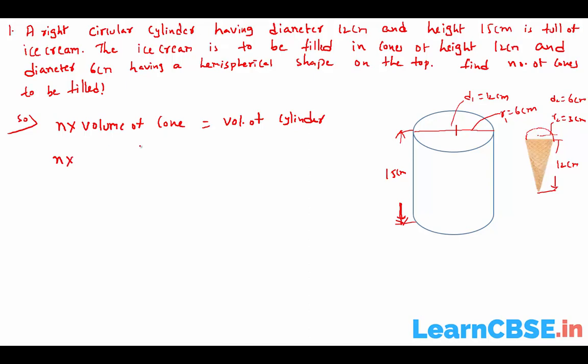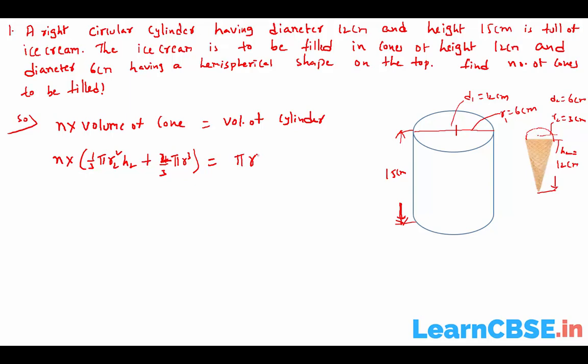So n into the volume of the ice cream cone, which is in the shape of a cone plus a hemisphere, that means 1/3 pi r2 square h2 plus 2/3 pi r cube, that equals the volume of the cylinder.